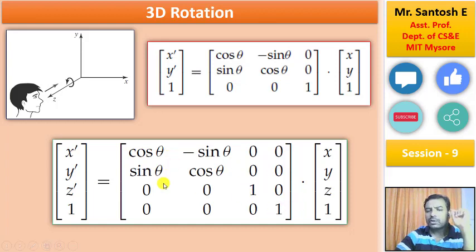And this is where we bring in the z axis, and these are the homogeneous parameters. Fine, this is what we are going to have: a 3D transformation 4 cross 4 matrix for rotation with respect to the z axis.